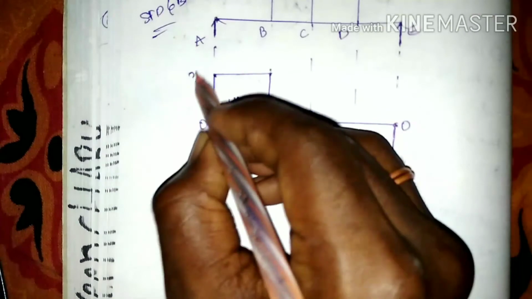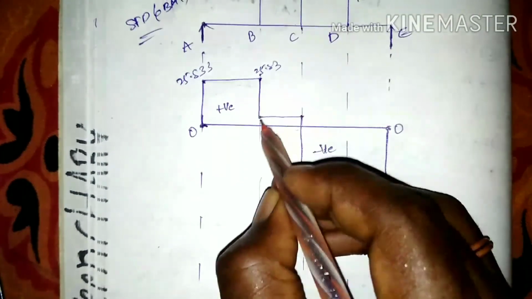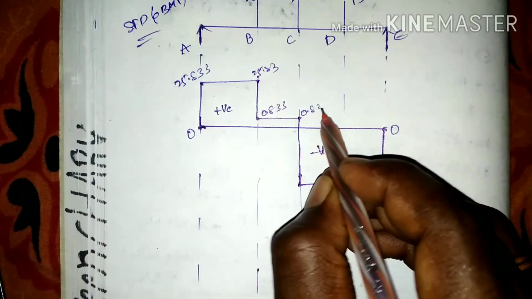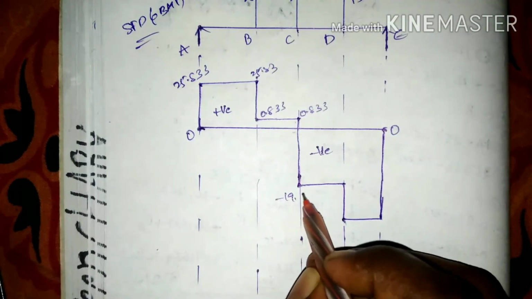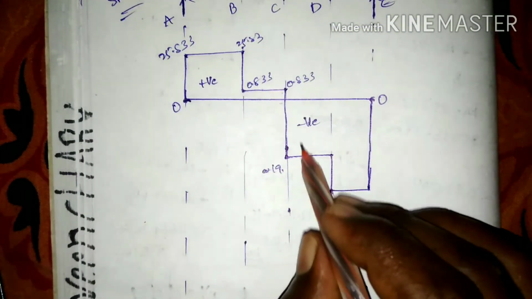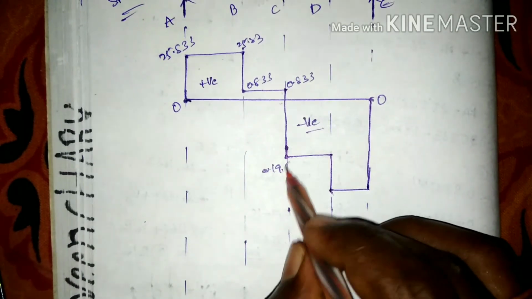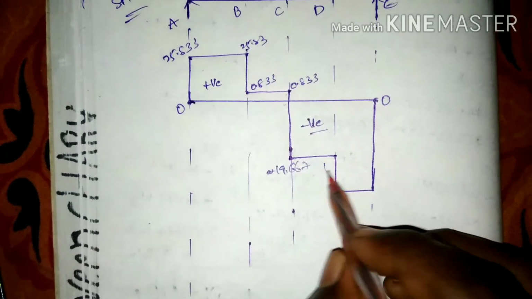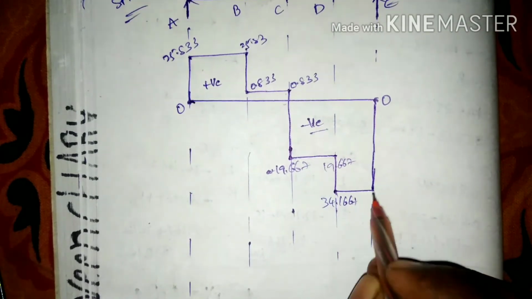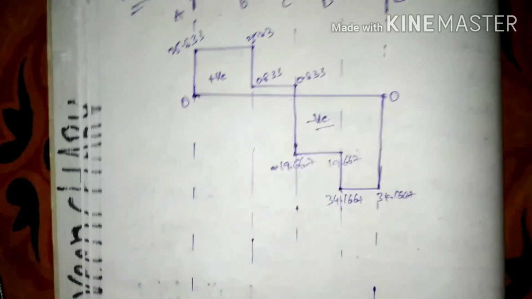The values are 25.833, 25.833, 0.833, 0.833, thereafter 19.667, and 34.1667, 34.1667, then 0. You should not write the negative sign because we have already drawn the diagram in the negative quadrant.